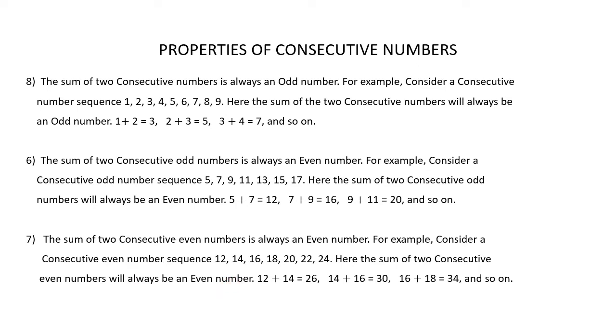That is, when you add two consecutive even numbers, the answer will always be an even number. 12 plus 14 is 26, which is an even number. 14 plus 16 is 30, which is an even number. 16 plus 18 is 34, which is an even number, and so on.